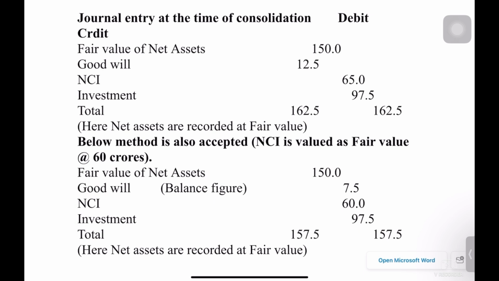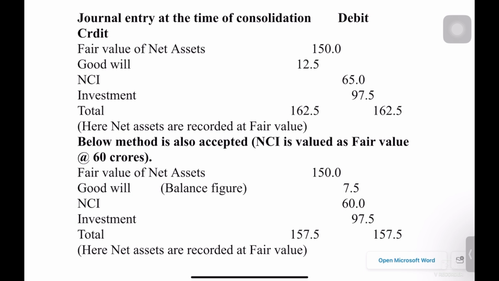So if we measure the non-controllable interest fair value as per the acquiree, then the journal entry at the time of consolidation will be: the fair value of net assets, 150 crore, there is no change, that needs to be debited, and the goodwill will be the balancing figure, 7.5 crore. I will come to that.